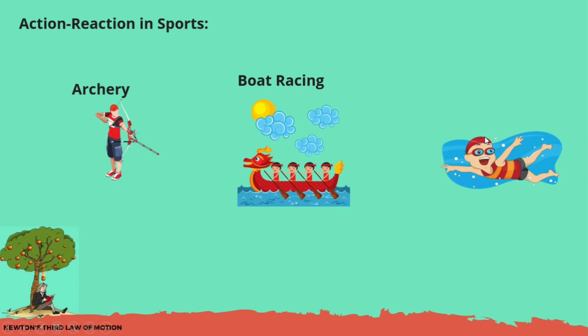So, next, we have here swimming. Actually, this mechanism is also the same as the way the fish swims in relation to the application of Newton's third law of motion.